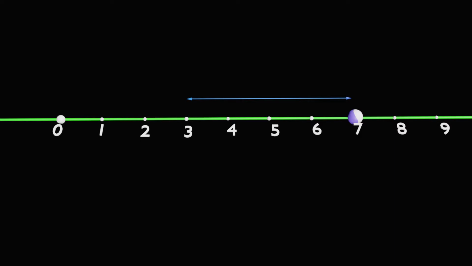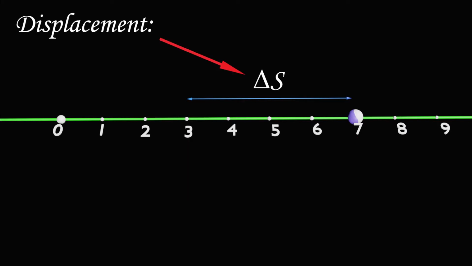Then the displacement of this ball is given as its final position minus its initial position, represented as delta S, where delta sign specifies a finite change. So in this case, the displacement of the ball is 7 meters minus 3 meters, which is 4 meters. Thus, it is displaced 4 meters towards the positive x direction.